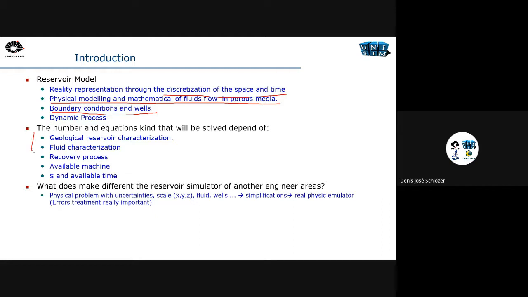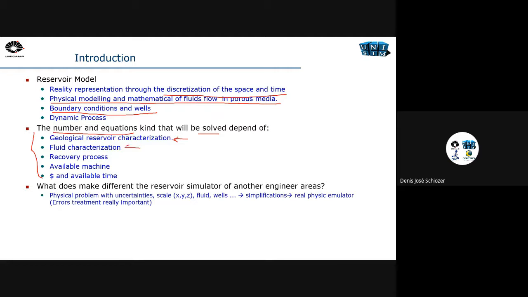So the number of equations we're going to use and solve is a function of the complexity of the reservoir. If you have a very complex reservoir with faults and so on, and very complex geology, we are going to try to represent it with a finer model, smaller blocks, and so on.